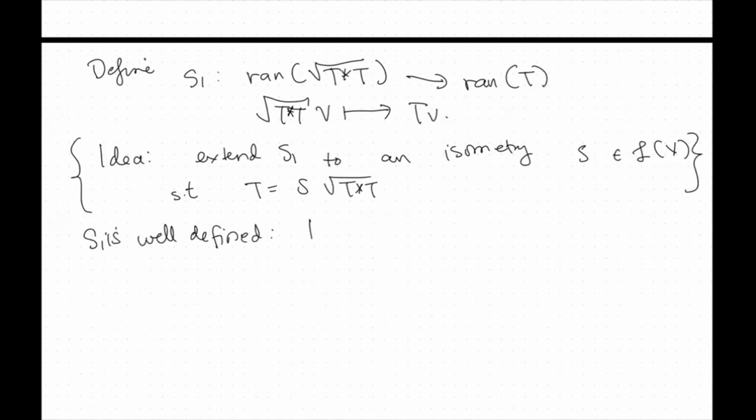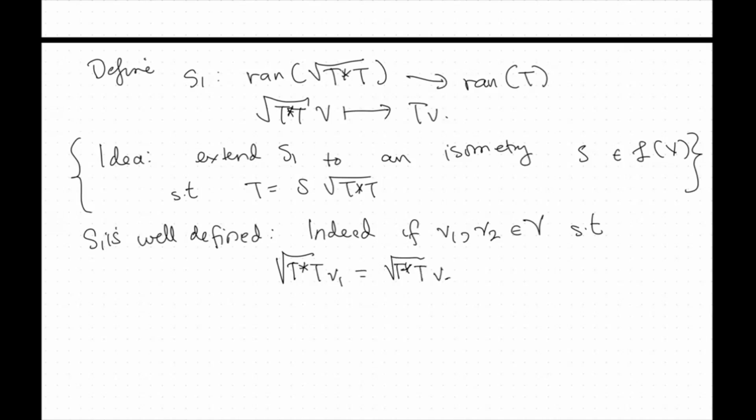Indeed, if we take v1 and v2 in the space such that the square root of T star T of v1 is equal to the square root of T star T of v2, we want to show here that T of v1 is just equal to T of v2. Here, T of v1 minus T of v2 is just equal to T of v1 minus v2.